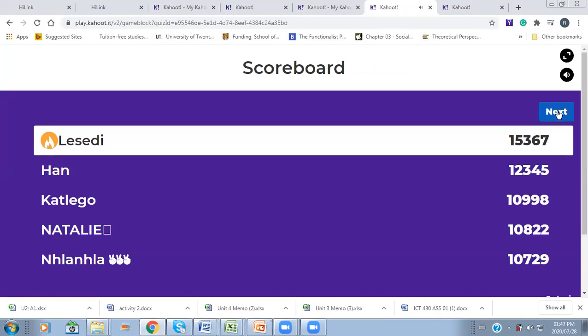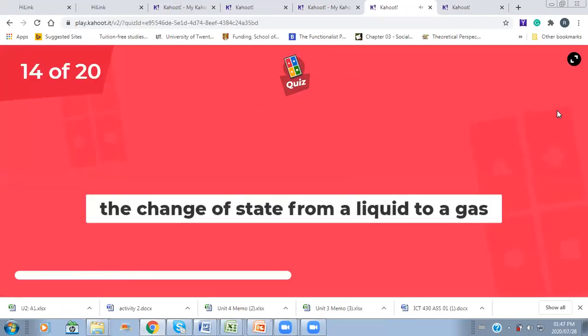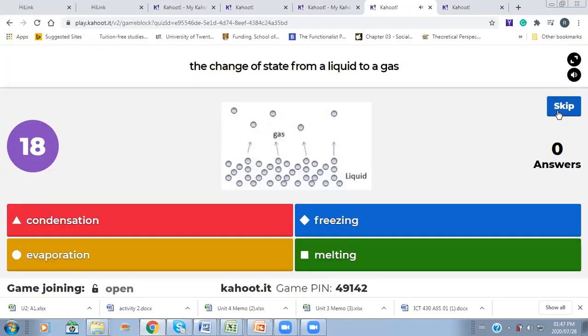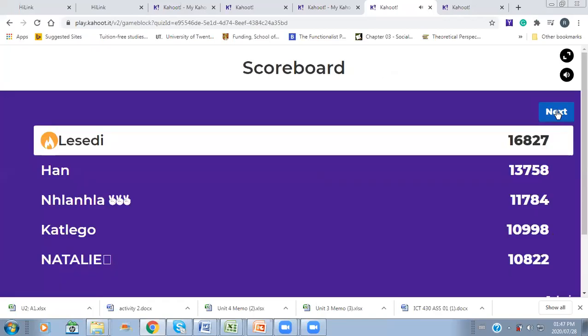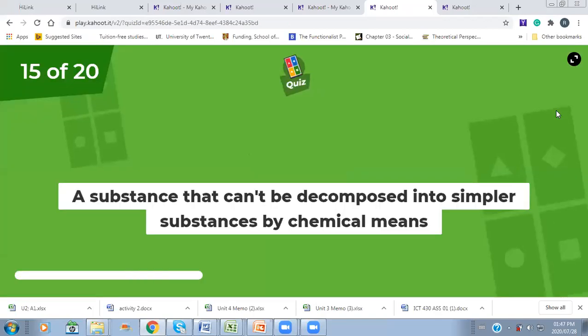Okay, let's go. A change of state from a liquid to a gas. All of you got that right. Let's go. A substance that cannot be decomposed into simpler substances by chemical means.